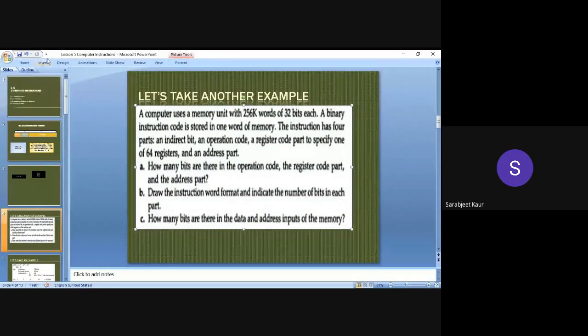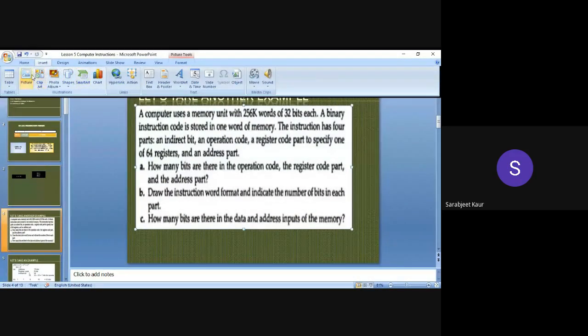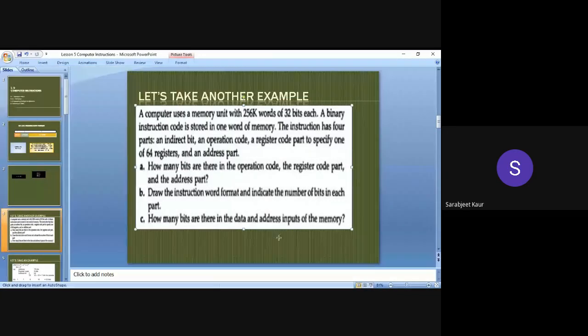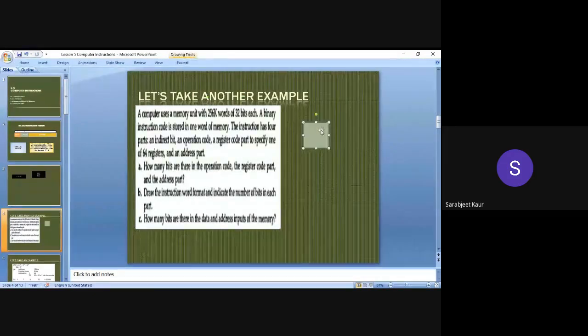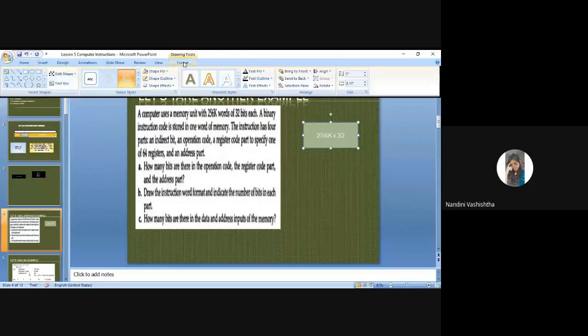So it is 256K cross 32 bits. Yes or no? Yes, ma'am.